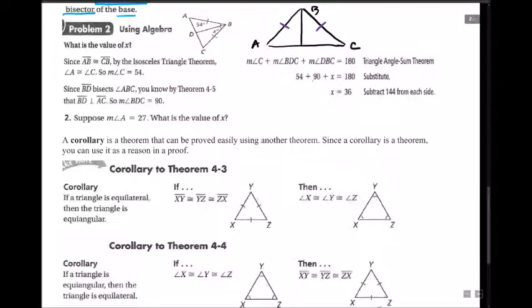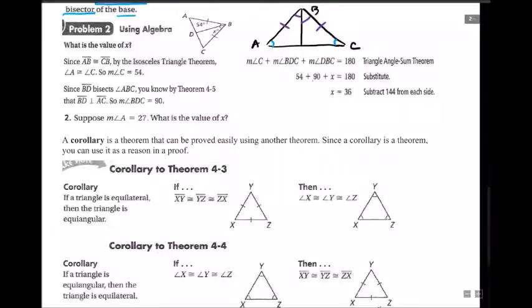What do I know about isosceles triangles? Well, I know that these angles are congruent, right? Isosceles triangle theorem. And what else are we given here? We are given that these two angles are congruent. That's just a given. Do you see the angle bisector of that vertex angle?